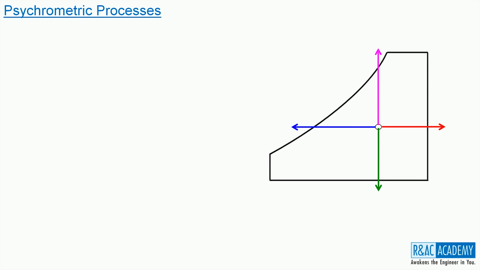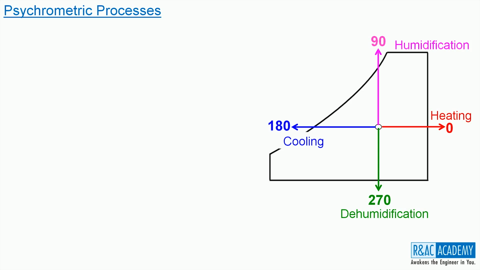If I mark this as 0 degrees, then the remaining 3 will be 90 degrees, 180 degrees and 270 degrees. If the state of the moisture is moving along the 0 degrees line, then the moisture is said to have undergone heating process. Similarly, for others, we have the humidification, cooling and dehumidification processes.